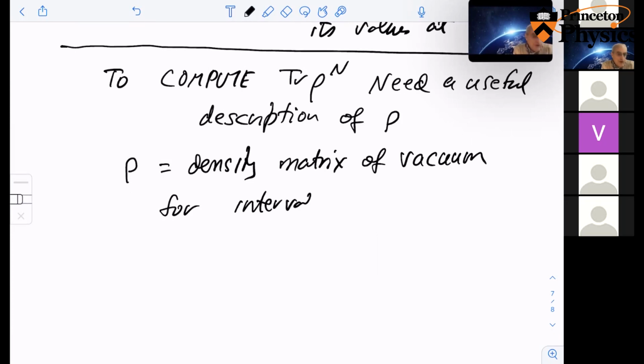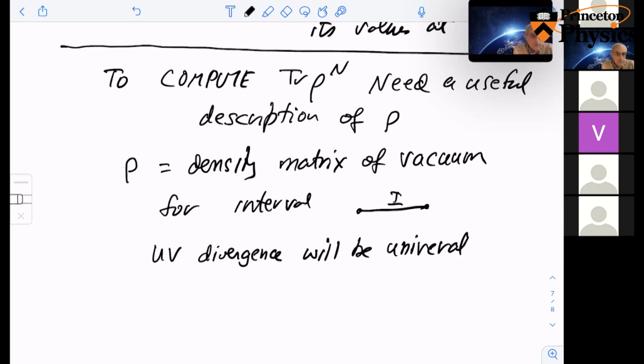For the interval I, or equivalently for its domain of dependence. But the UV divergence we find will be universal. That's because any state can be approximated by the vacuum at short distances.